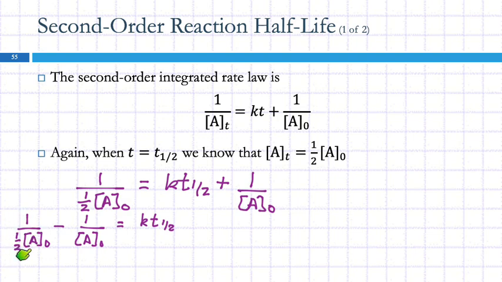How can we make this have the denominator of A0? If we multiply that by 2 over 2, the fraction is the same, but then we get rid of that guy down there. So 2 over A0 minus 1 over A0 equals 1 over A0, which equals K T1/2.